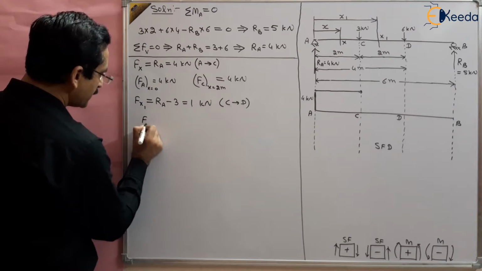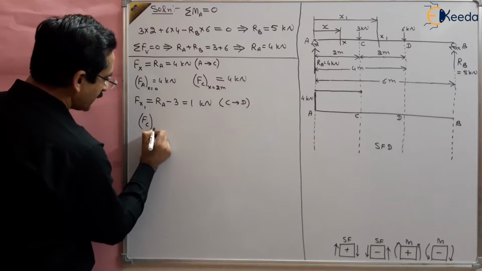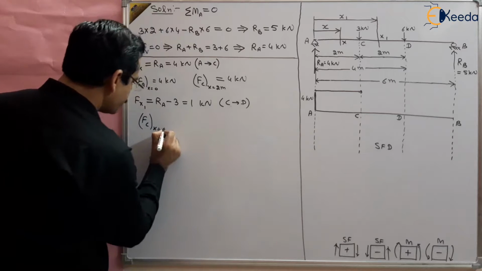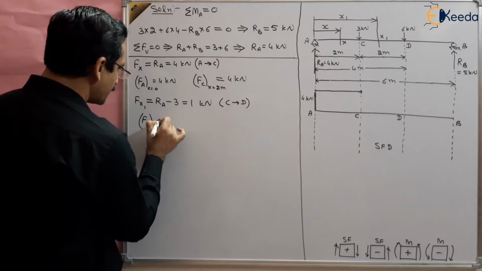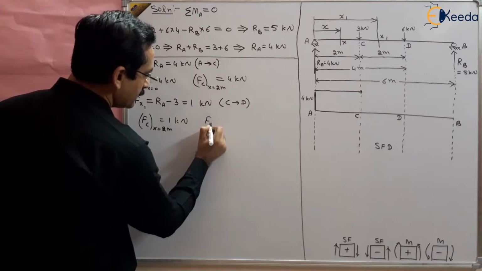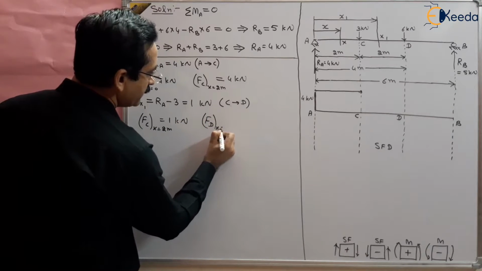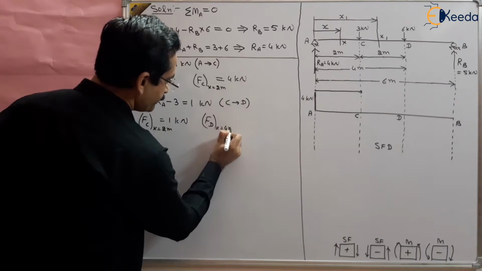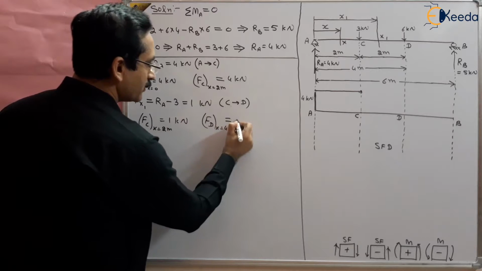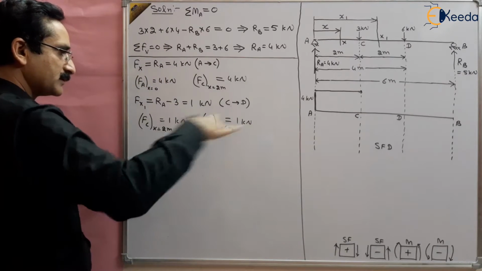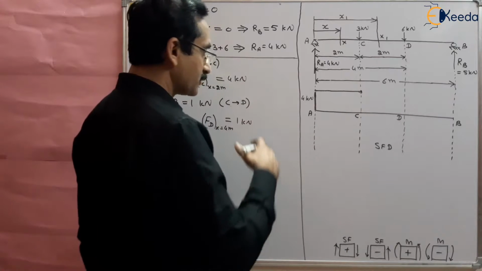So what are the forces at C, where x is equal to 2 meter? This is constant, 1 kilonewton. And what is the force at D, where x is 4 meter? The value is the same, 1 kilonewton, no variation. So it is a horizontal straight line.